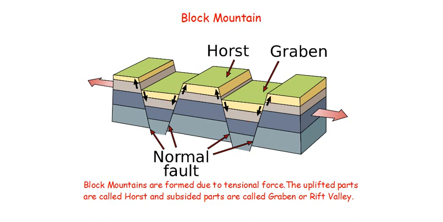The blocks of land either move upward or move downward. Now, the uplifted parts are called horst or the block mountain, and the subsided parts, as you can see in this picture, are called ravines or rift valley. So this is block mountain.